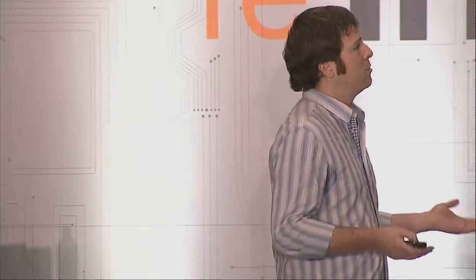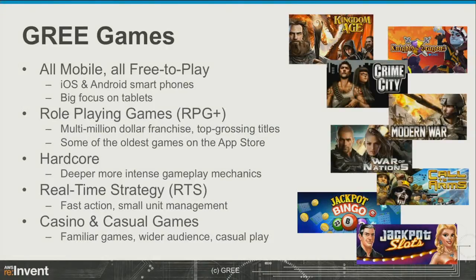So what do we make? We make games. They're all mobile, all free to play. You may recognize some. All for iOS and Android devices currently, and we're also focusing on tablets as well. These are some of our game types. We have about 5. There are 4 here, but we have a couple other game engines as well that run the gamut from the different types of games that people like to play.